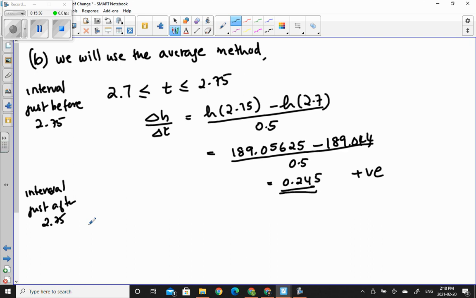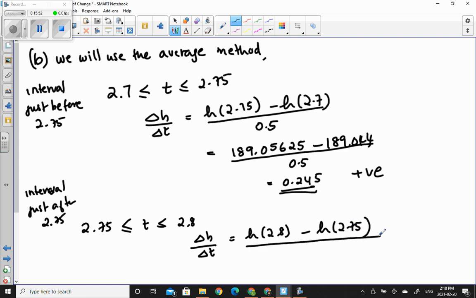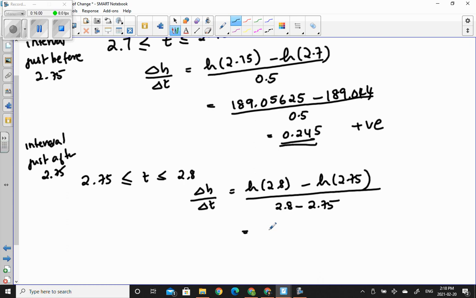And then we take an interval just after 2.75. So between 2.75 and 2.8, and find the delta H over delta T. So that would be H at 2.8 minus H at 2.75 divided by 2.8 minus 2.75. And we find that that is 189.044 minus 189.05625 divided by 0.05.